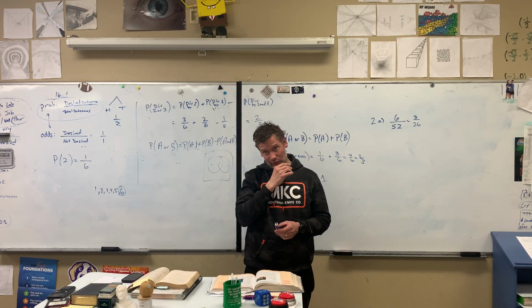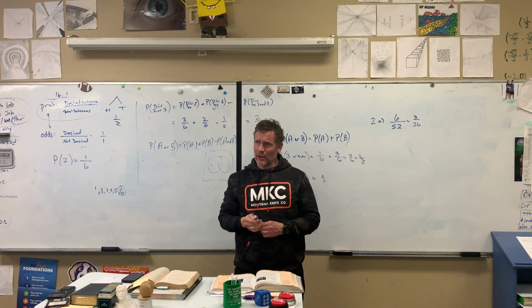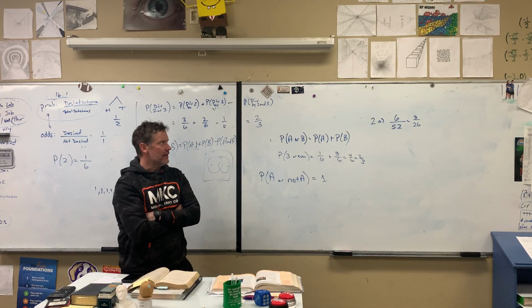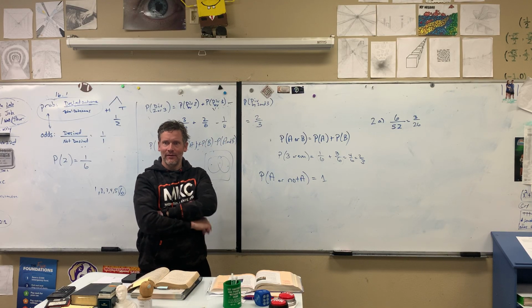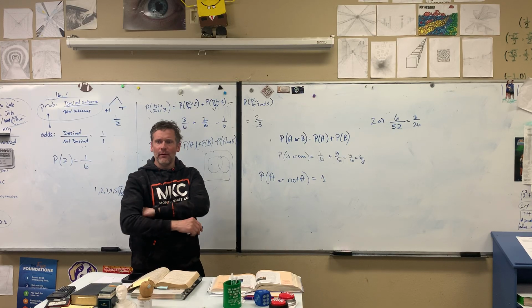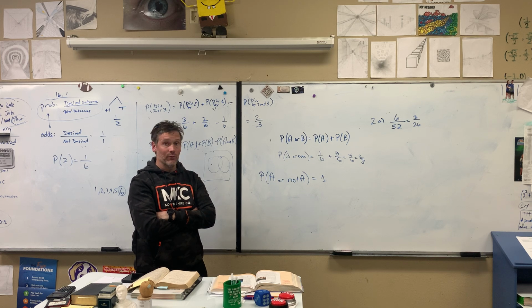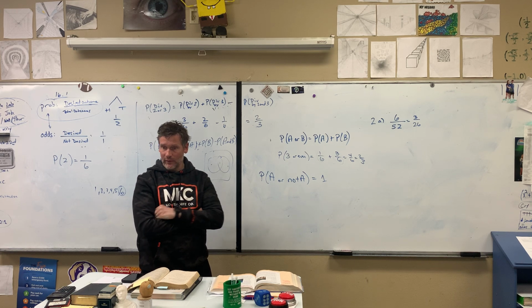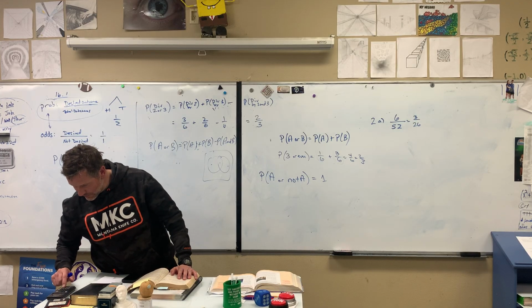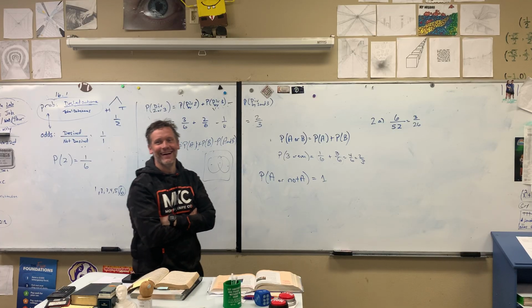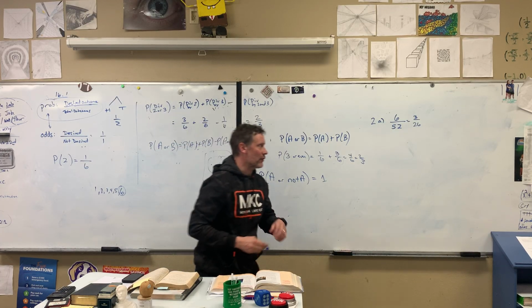Most of these are going to be given in fraction form, which is beneficial. It's easier to grade than a bunch of decimals, so you don't round. But if you're going to talk in terms of percentages, what would be better for people's understanding?